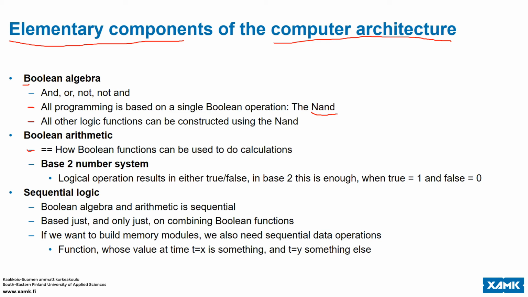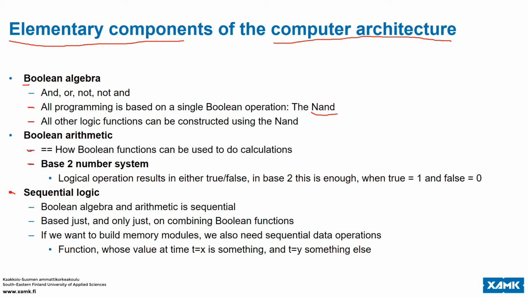And because Boolean functions are tied to the binary number system, our logical operations result in either true or false. In base 2, this is enough, meaning we can have some sort of elementary logic in our computer system. Once we have built elementary logic, we can move on to sequential logic.